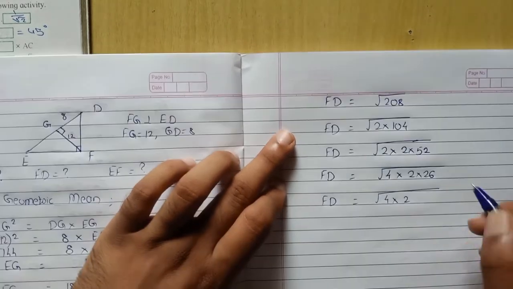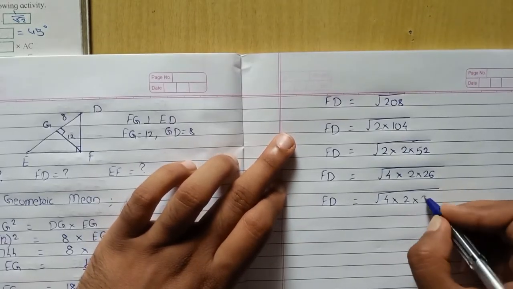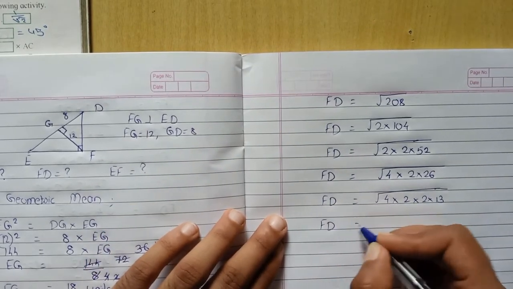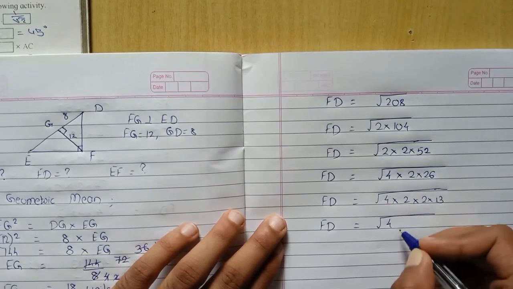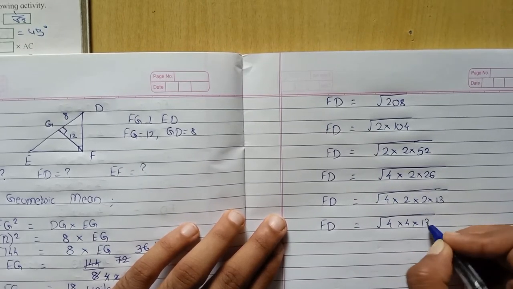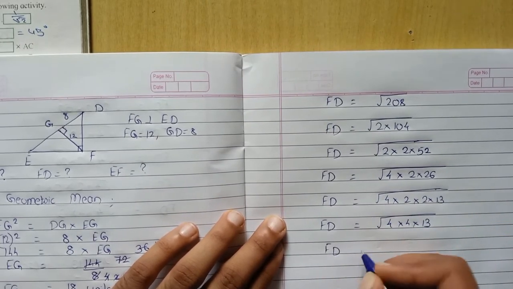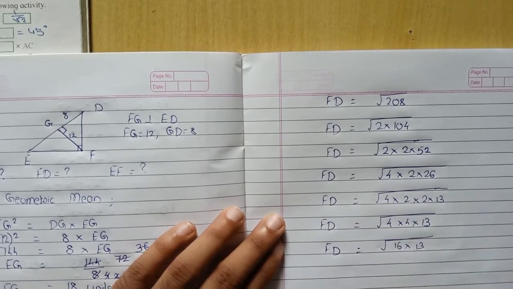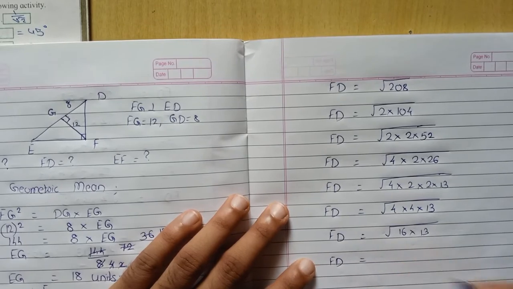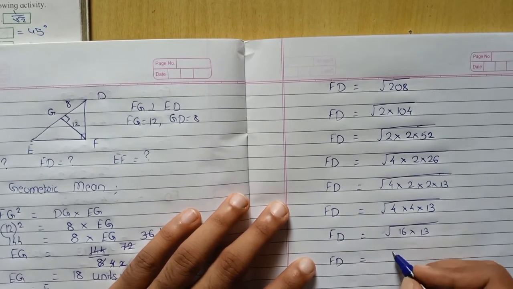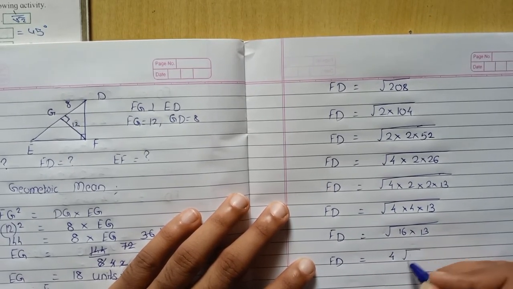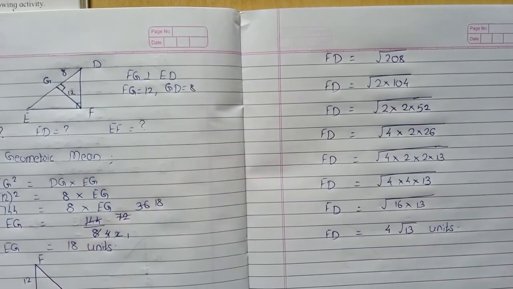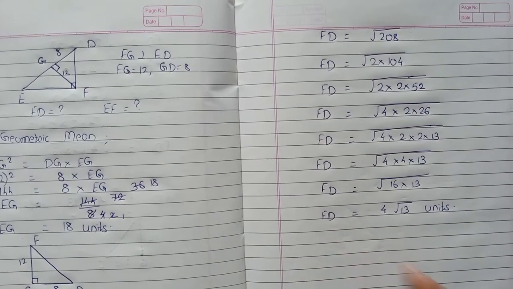Now this 26 can be one more time simplified. 26 can be written as 13 2s, so 4, 2 2s are again 4 into 13. FD will be root of 4 4s are 16 into 13, but 16 can be written as a perfect square of 4, so 4 will come out and we are left with root 13. We are not given units, so just write 4 root 13 units. So we have found our FD.